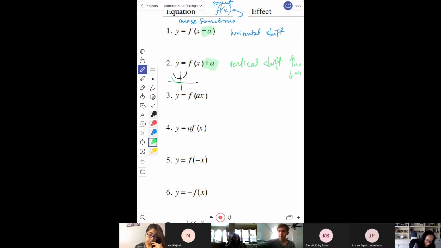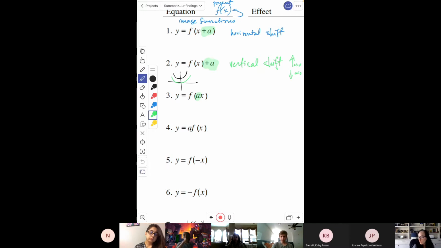Good. What about if I have this A here, multiplied by x? Compression. It was a stretch or a compression. Yes.